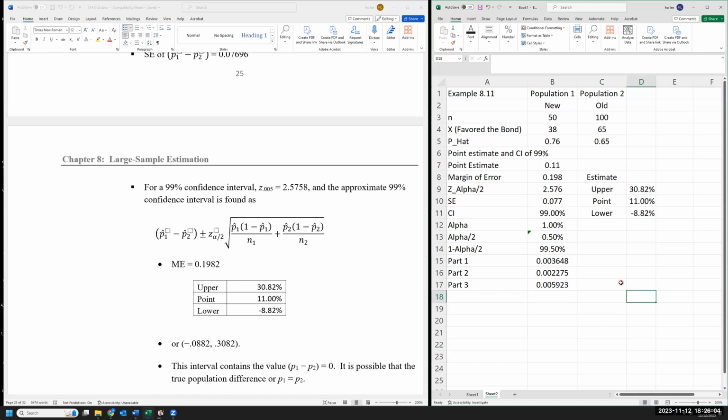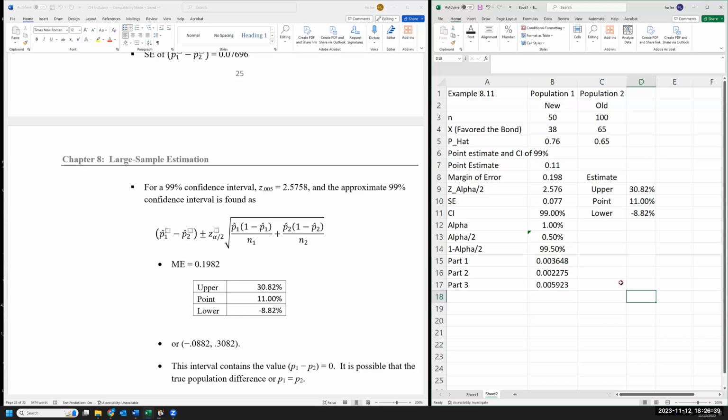What does that mean? That means at the high end, it looks like the newer area supports the bond by 30.82 percentage points more than the old area. It's a huge support from the new area relative to the old area. But at the low end, it looks like the old area supports the bond by almost 9%, 8.82 percentage points more than the new area.